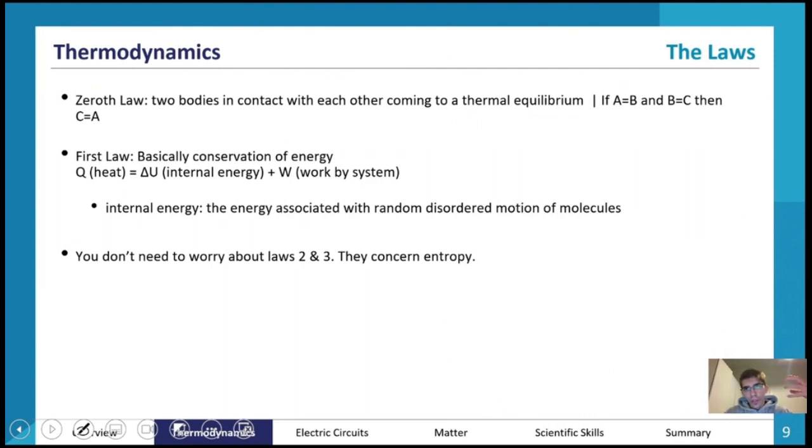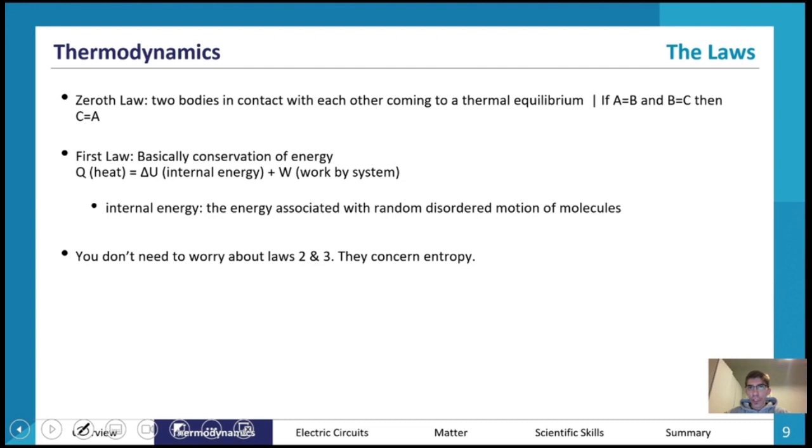Now, let's look at some of the laws of thermodynamics. First of all, we have the zeroth law. The zeroth law states that two bodies in contact with each other will come to a thermal equilibrium.